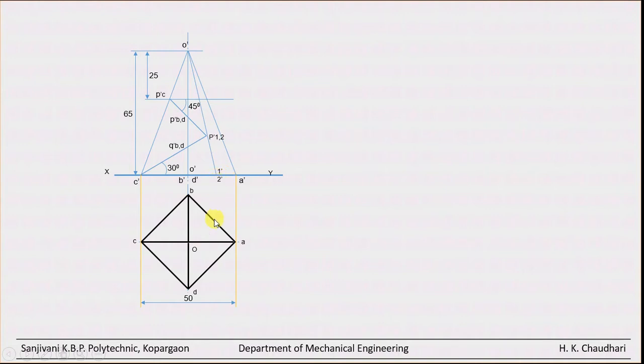Locate them on the edges in the top view. Take the projection. So we now get two points, P1 and P2.